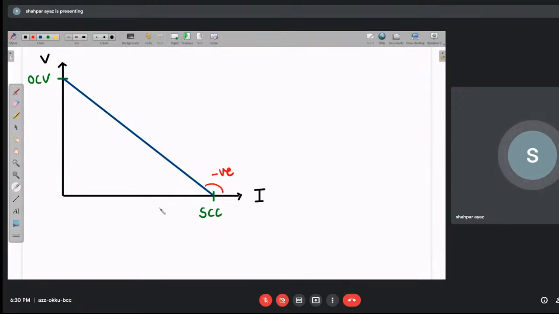Inversely proportional relation, right? So if you draw the graph of this line, you know this kind of a straight line has x by a plus y by b. On the x-axis, that is your I, so I by SCC plus V by OCV is equal to 1.